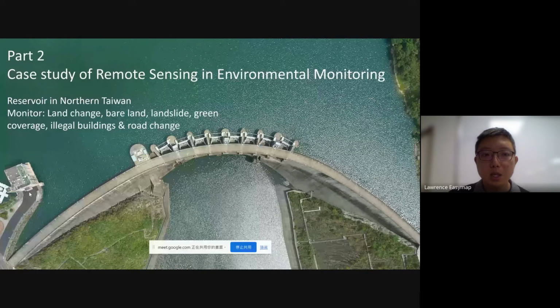Is there any illegal building, or maybe road change? Therefore, they cooperate with us every year. We collect different types of images, satellite images and UAV images, to compare the past, the current, and maybe forecast for the future.